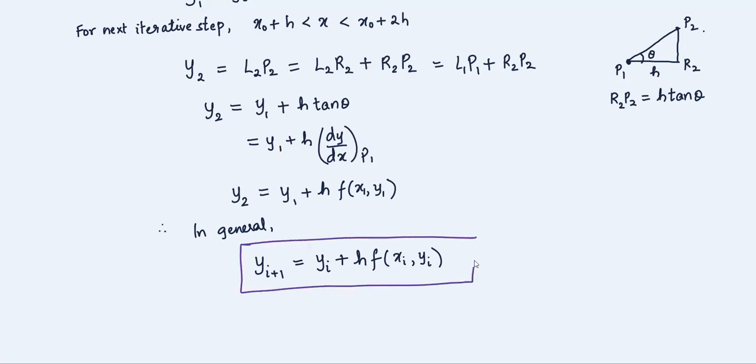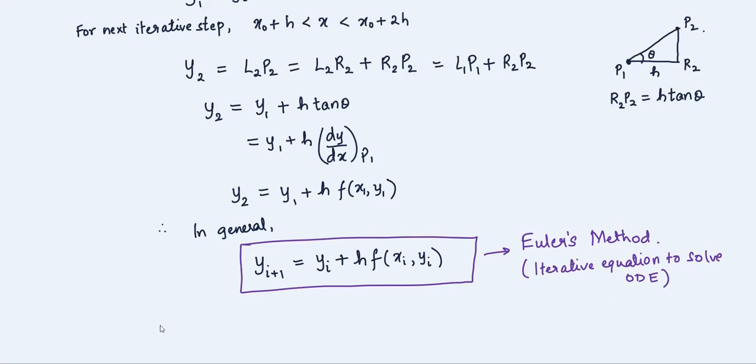This you have to remember. This is Euler's equation. So this is the iterative equation to solve an ODE. Once you know this, you keep solving and you will get the result.